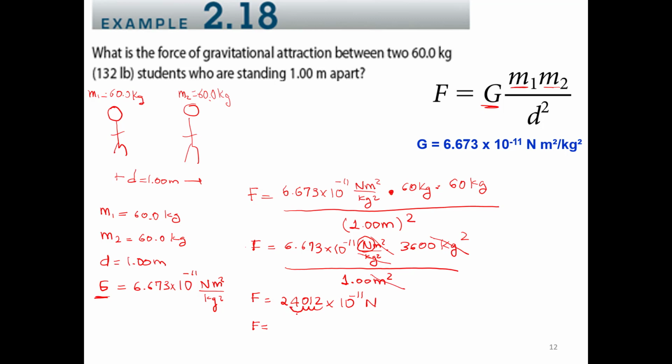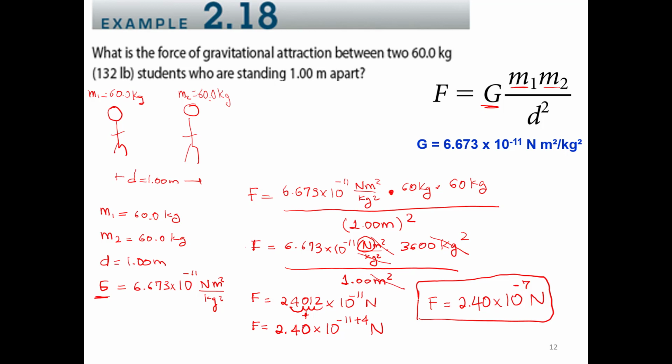We move to the left, then we need to add 4. Now let's write with 3 significant digits: 2.40 times 10 to the power minus 11 plus 4 newtons. Why plus 4? Because we move 4 places to the left. And finally, we have 2.40 times 10 to the power negative 7 newtons.